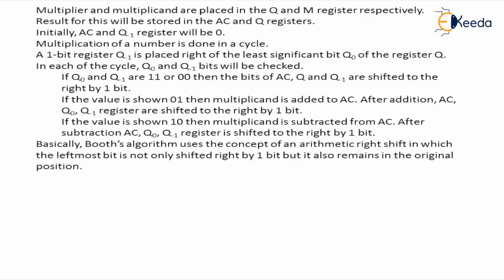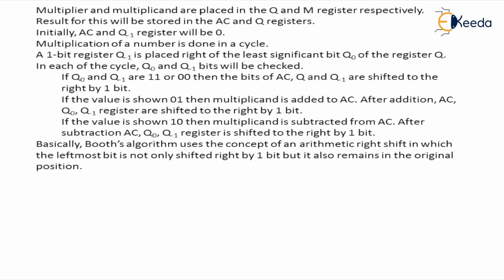After addition, the AC, Q0 and Q minus 1 registers are shifted towards the right by 1 bit. If the value is 1, 0, the multiplicand is subtracted from the accumulator and the result is again stored in the accumulator. After subtraction, the AC, Q0 and Q minus 1 registers are shifted towards the right by 1 bit.